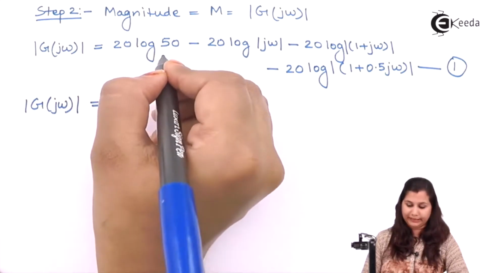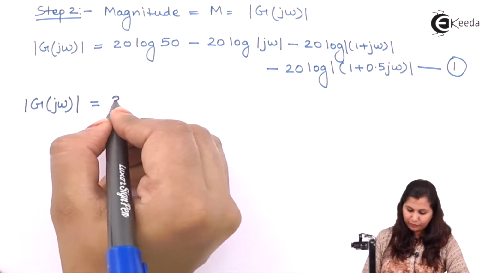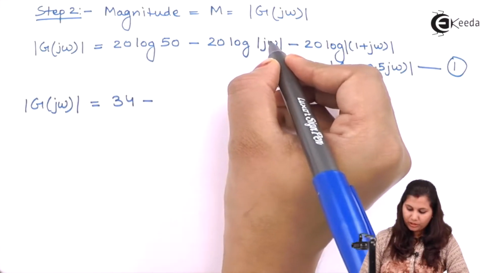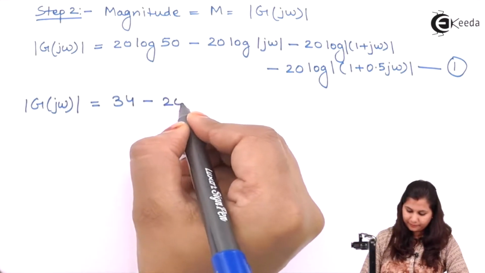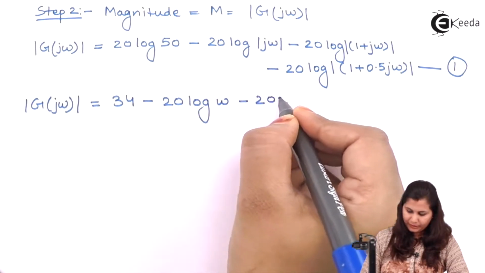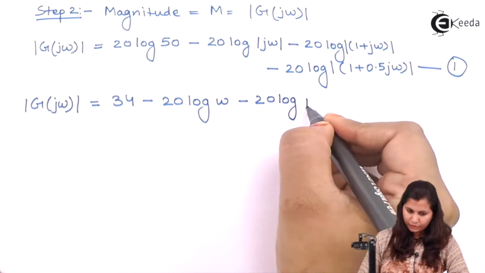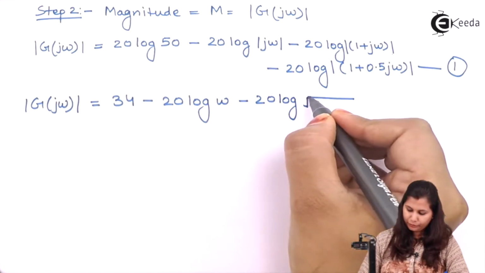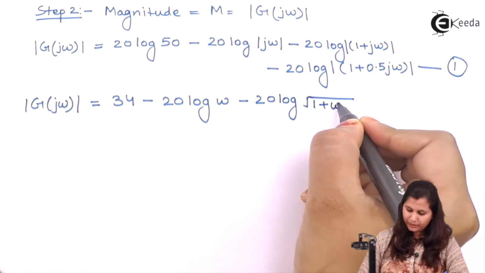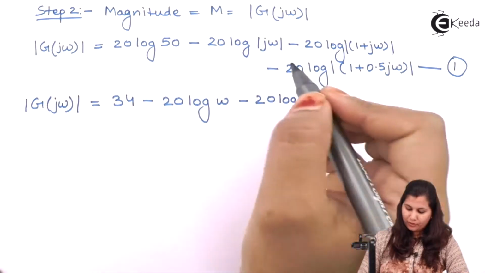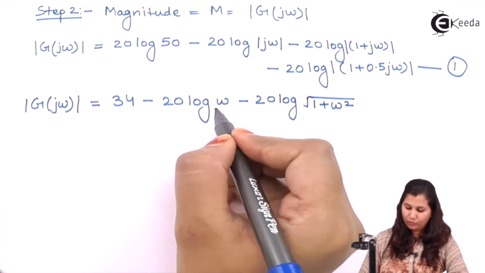20 log 50, calculated, comes out to be 34. Then we have minus 20 log omega, minus 20 log under root of 1 plus omega square. Here we are taking the magnitude, so the magnitude of j omega will be under root of omega square, so it will be omega.